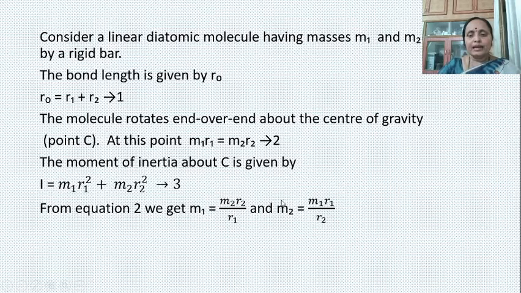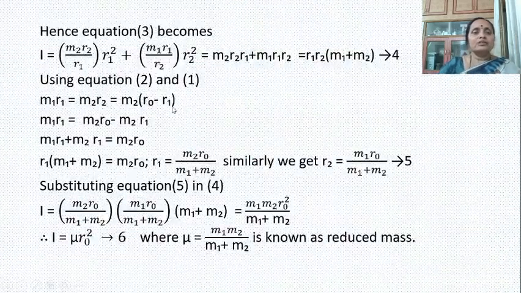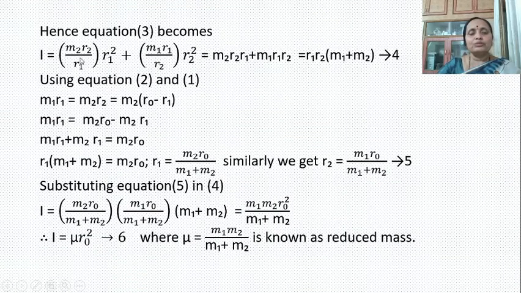Let us see that in the next slide. Once I substitute the values of M1 and M2 in equation 3, the expression gets reduced to R1 R2 into (M1 + M2), which I will call equation 4.